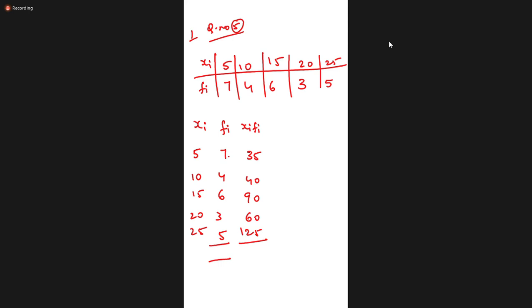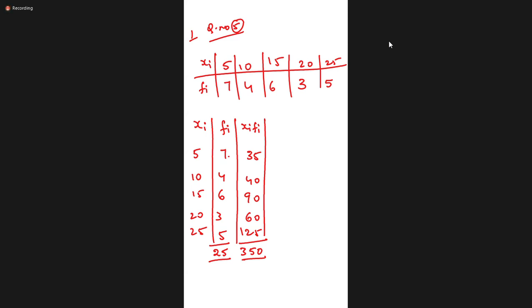So add frequencies, add xi fi. If you add frequency, you will get 25. If you add xi fi, you will get 350. Right.